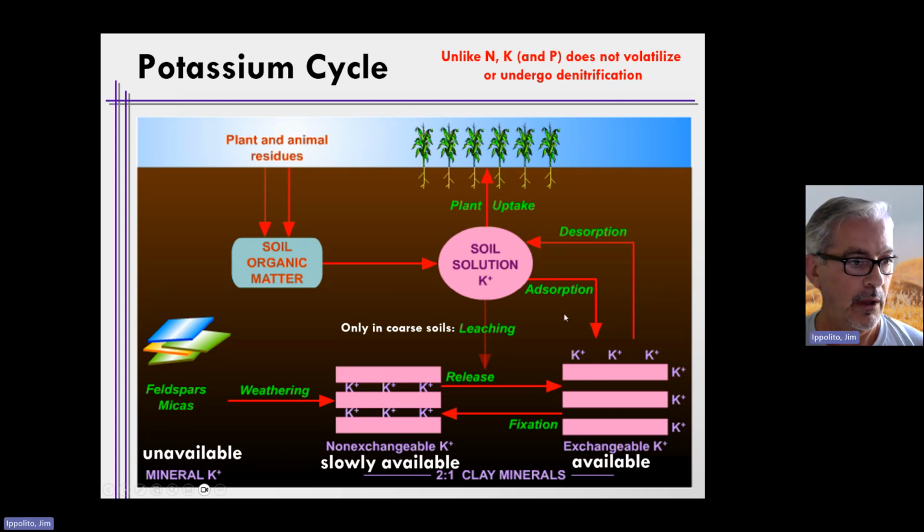And so the buffering capacity for potassium in a soil is based on the amount of potassium that's on the exchange sites, really. Over a growing period, potassium on the exchange sites is being desorbed and adsorbed and eventually taken up by plants, and these reactions are occurring all the time in a soil.